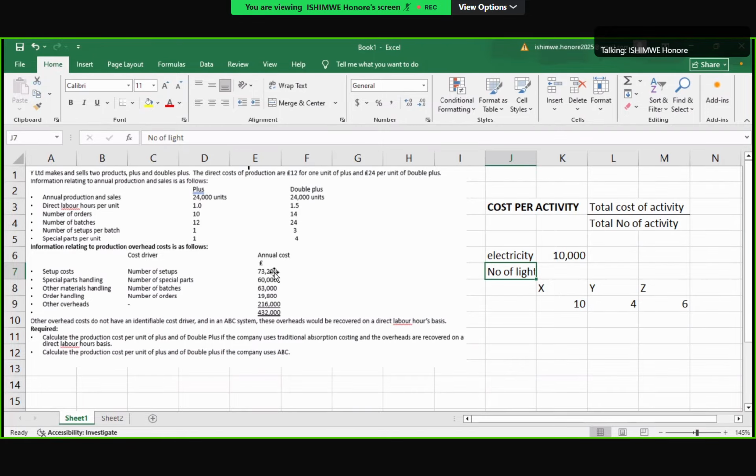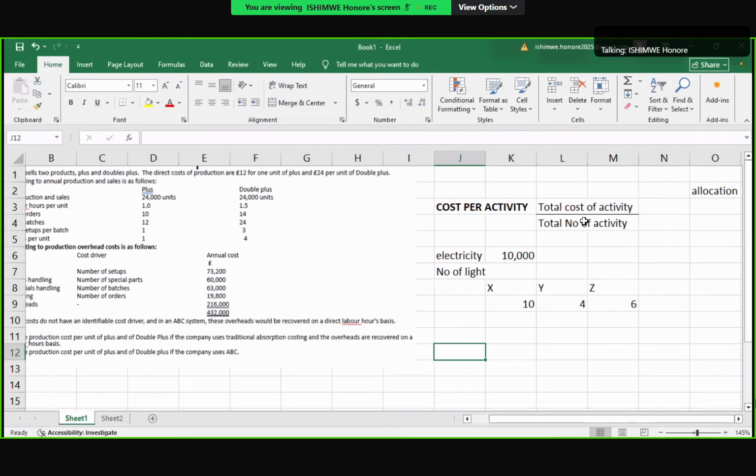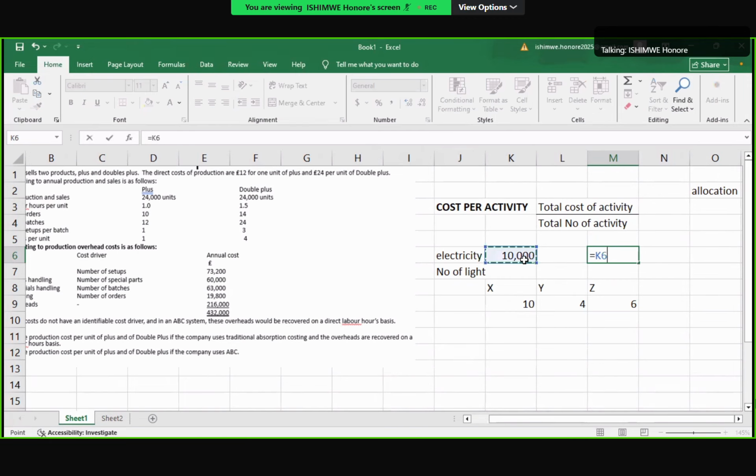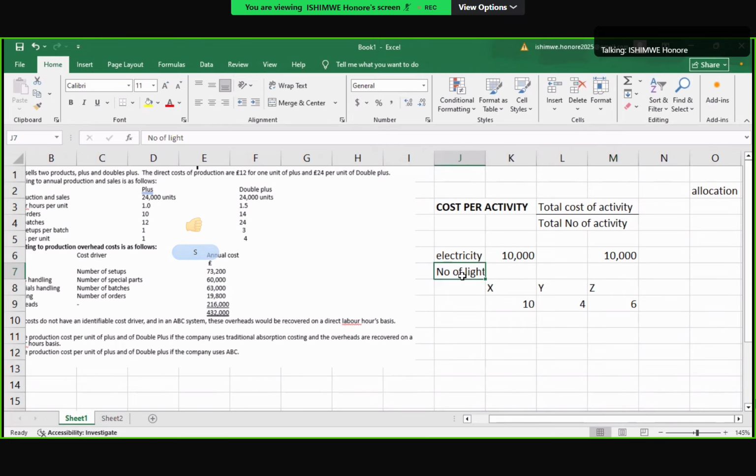Now I'm saying we need to determine the cost per activity. What is the total cost of this activity of electricity? That's what we're going to determine. First of all, cost per activity. Cost will be this 10,000. And to determine the total number of activities, your cost driver, number of rights, is the correct or appropriate basis of apportionment.